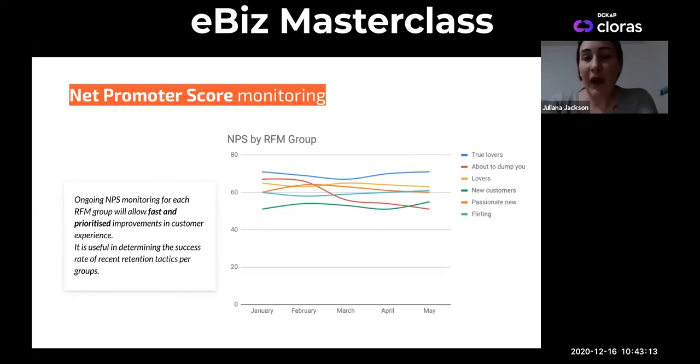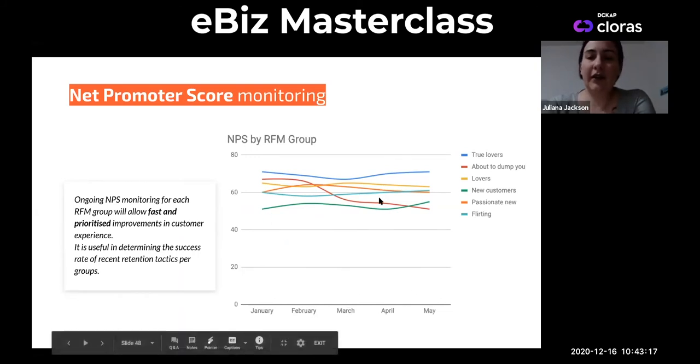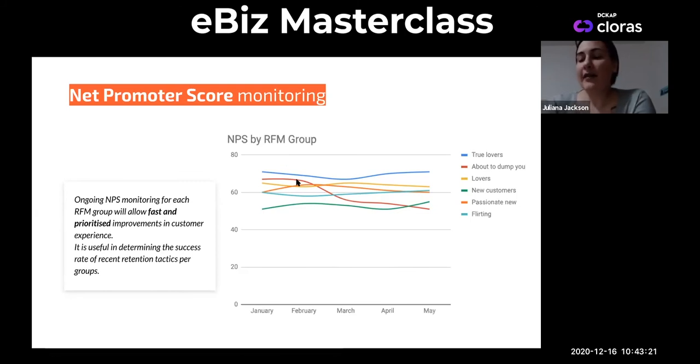So going back to the transactional behavior, you can see that you can track the NPS by all these segments. As every segment purchases differently, every segment has different feelings and emotions. So it's good not to do NPS on a big load of data.